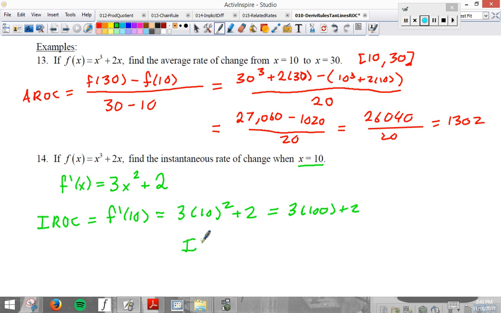So the IROC. So notice that an IROC and an AROC can be wildly different numbers. Hugely different numbers. They're not related necessarily. We'll talk in later lessons about how they could be related.